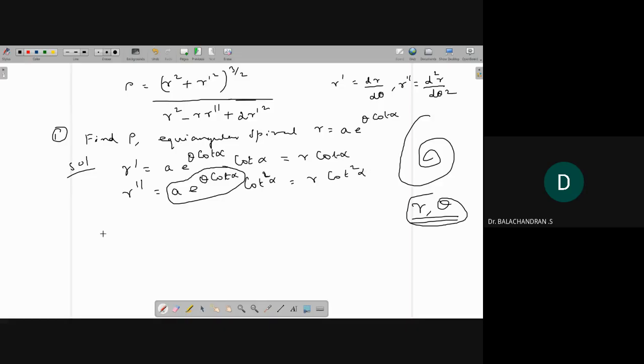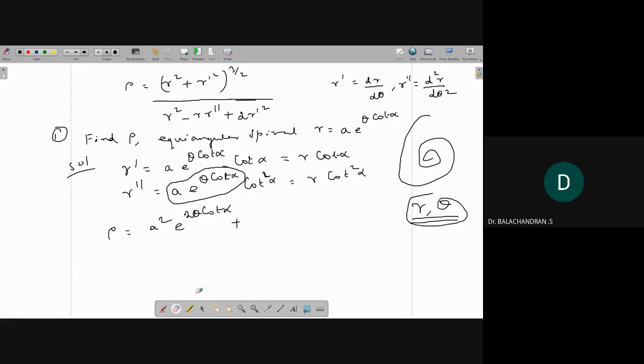Now I'll go to the formula. Rho equal to r square; r square is a square e power 2 theta into cot alpha. So r dash square.